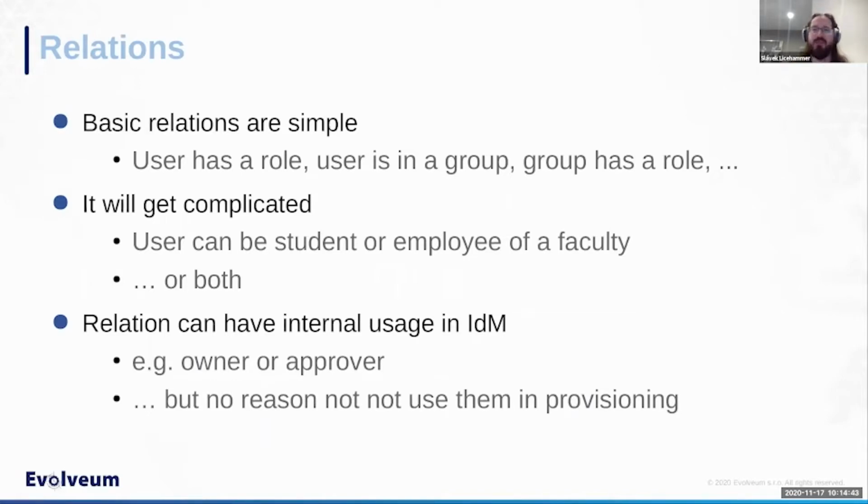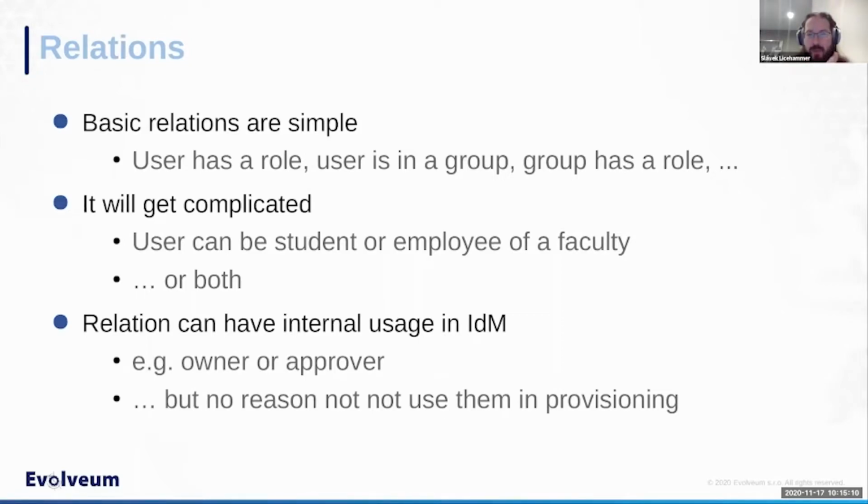And so now we have identity management with objects which are nicely categorized. And then we get to the relations between the objects. And the basic case is really simple. It's intuitive. A user has a role, users in a group might have a role. Nice and easy, no problem in that. But it gets complicated very fast, especially in our higher education environment, where stuff is always a bit more complicated, but we like it, so why not?